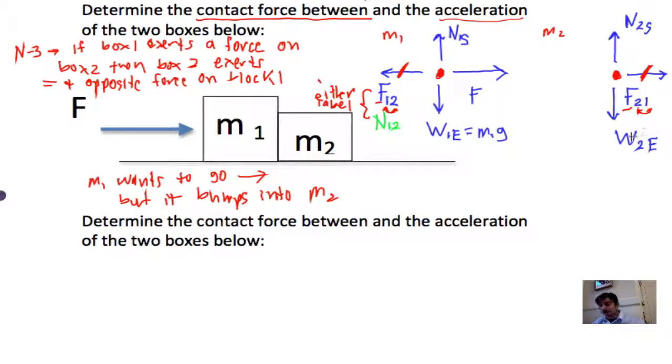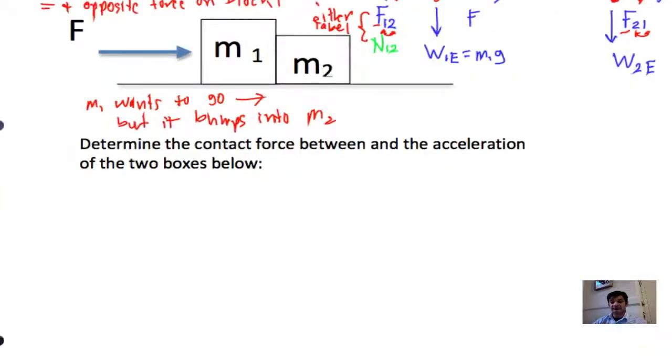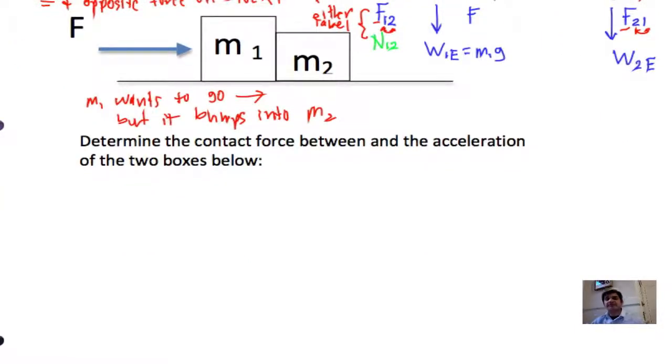I mean, they have the same value, but that doesn't mean that every force that is equal and opposite to another force is a third law pair. We're talking about contact forces between two specific things, and later on we'll see gravity works that way too. So in other words, 1 pushes 2, 2 pushes back on 1, and the free body diagram labels are in different pictures. Now, once we have that set up, it's actually very easy to solve this problem.